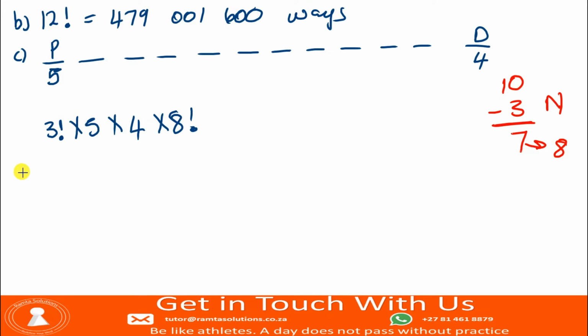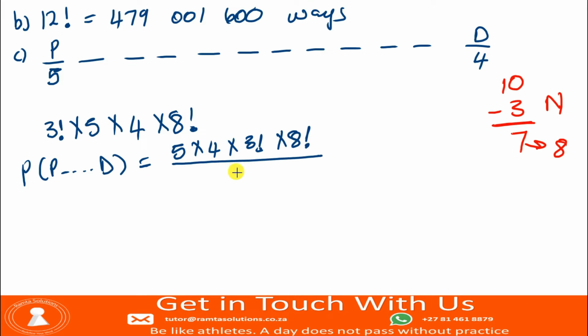Therefore, the probability that you start with poetry and then end with drama and that your novels are next to each other is 5 times 4 times 3 factorial times 8 factorial all over. These books without any order will be 12 factorial.